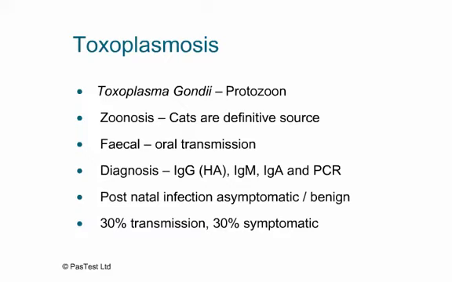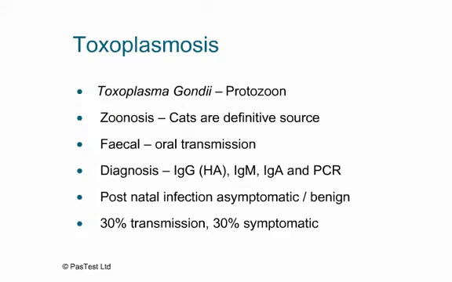Postnatally acquired infection is usually asymptomatic or a benign condition. But infection in immunocompromised patients, and we particularly see this in HIV and children post-bone marrow transplant, can lead to a more severe condition, often presenting with encephalitis, a space-occupying lesion in the brain, or pneumonitis.